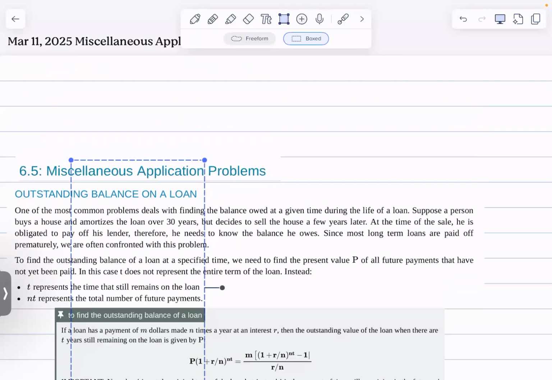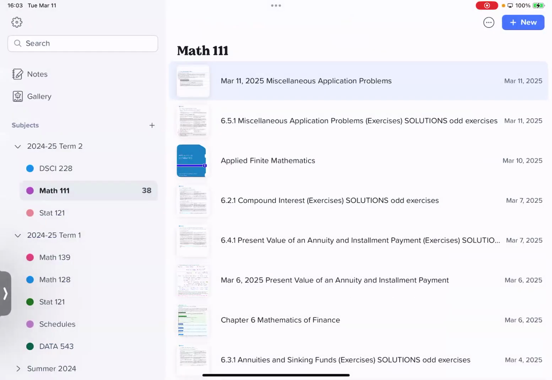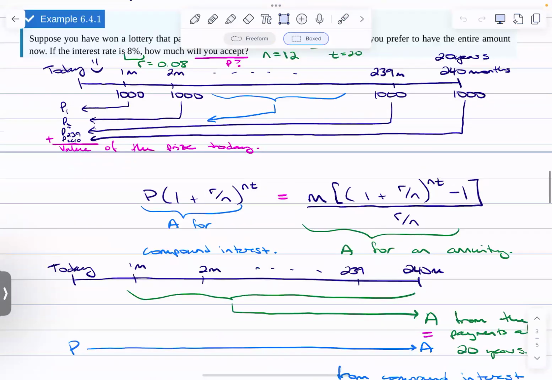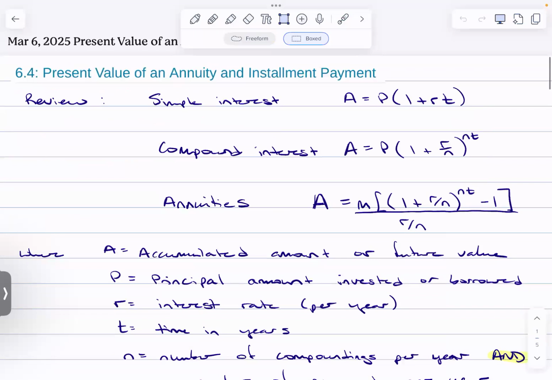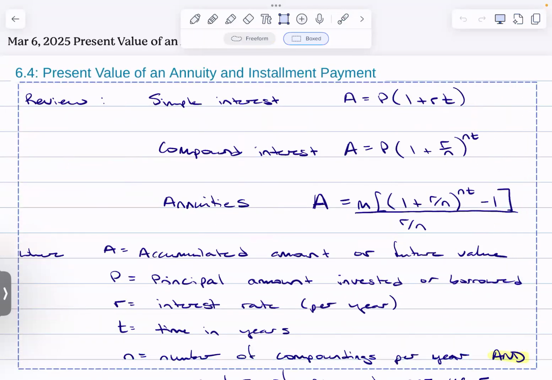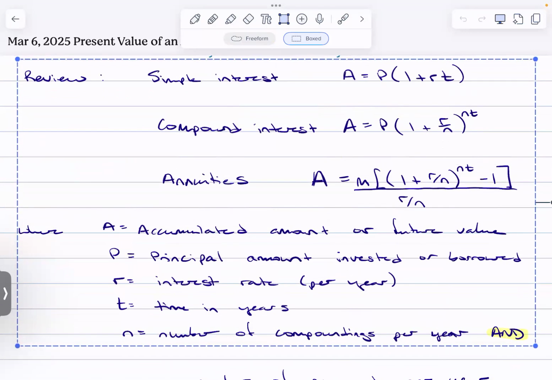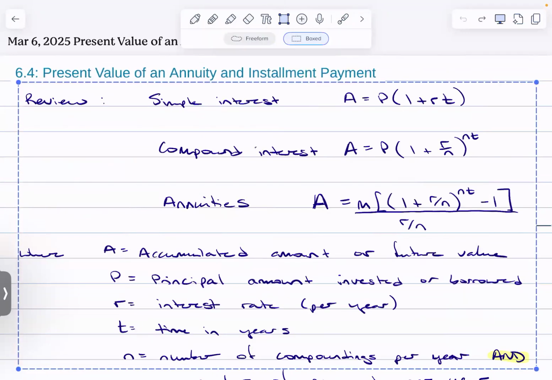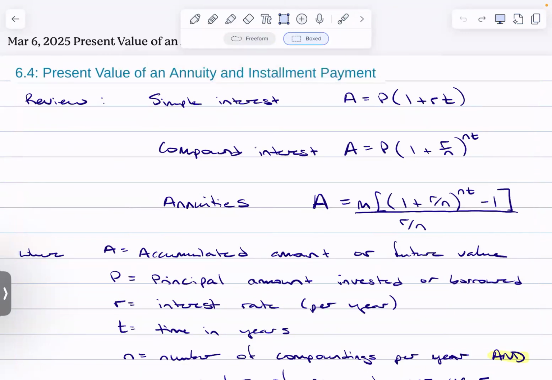Let's bump this down. And I'm going to steal from the recap so I don't have to memorize it all. How can I, oops. Oh, no. Copy.